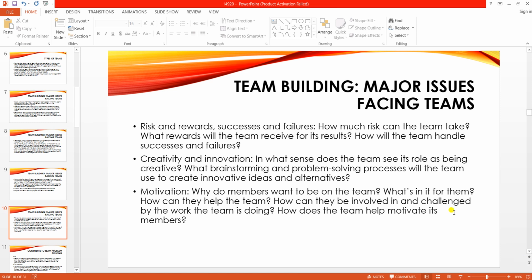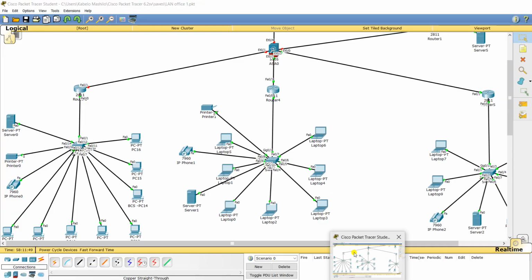And also we've got the risk and rewards, success and failure. So how much risk can the team take? It depends on the problem that is encountered. Having taken the decision to shut down the switch, for instance, it's risky for that particular day, because you find that individuals within this LAN utilize the switch for communication.